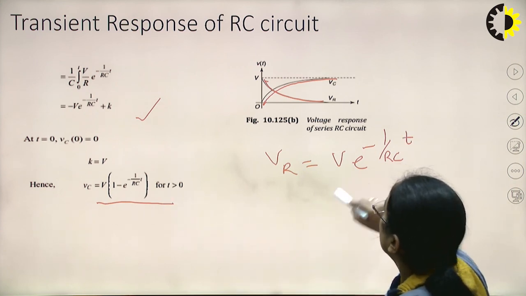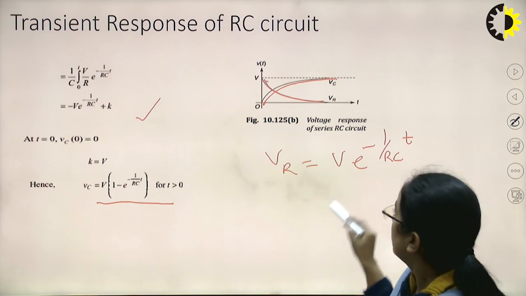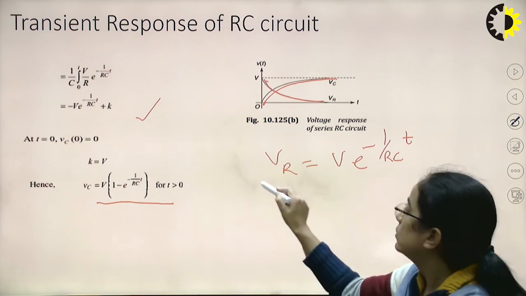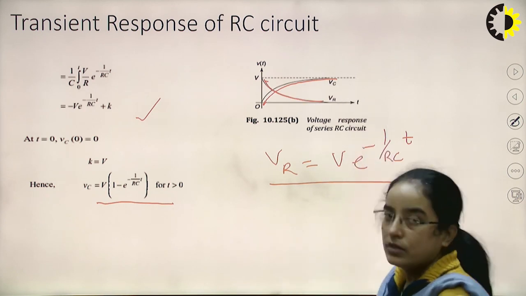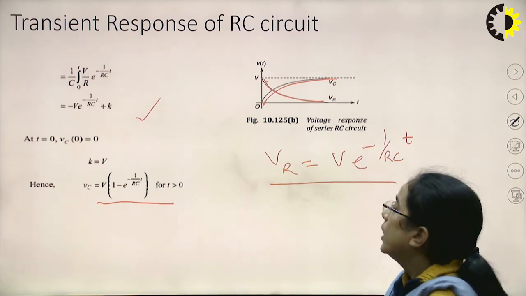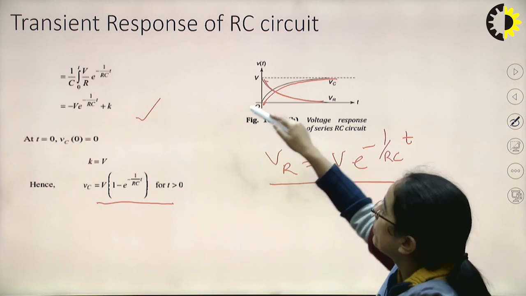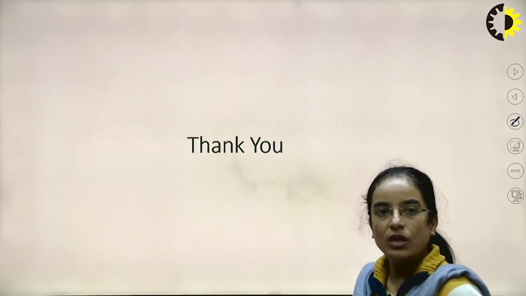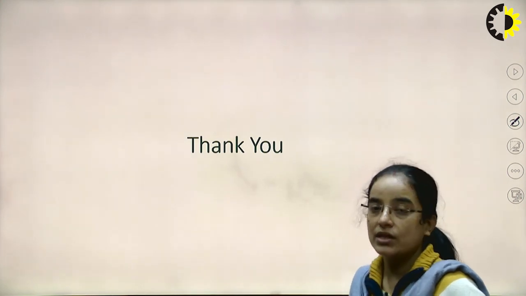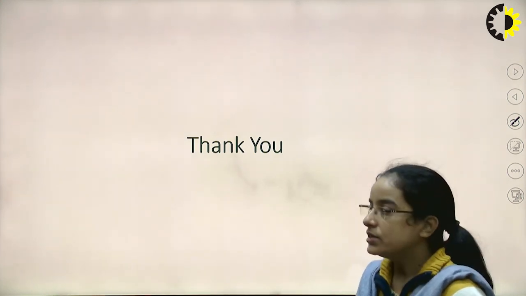So the voltage across the resistor will be decaying, and the voltage across the capacitor will be increasing. So this was all about today's discussion about the transient response of series RL and series RC networks.